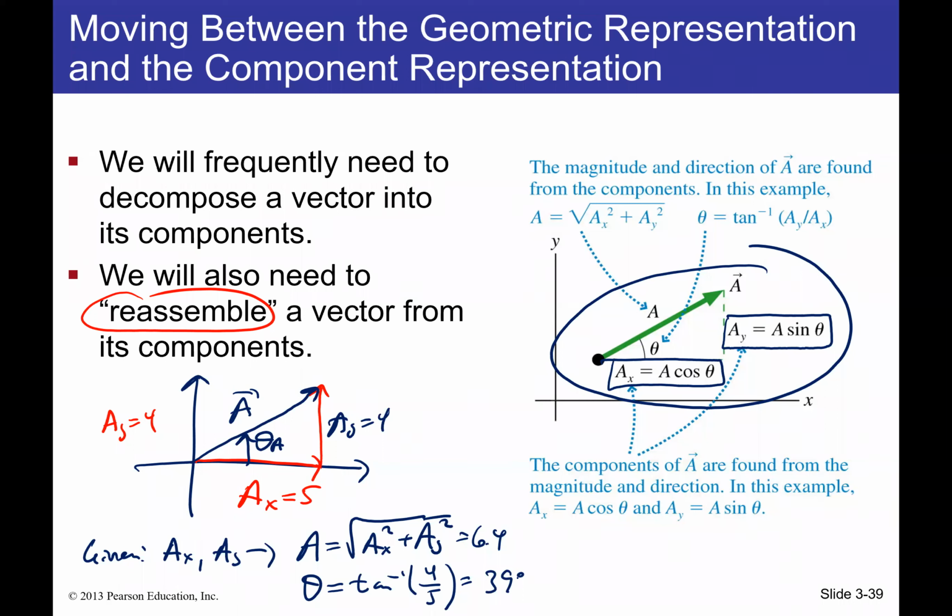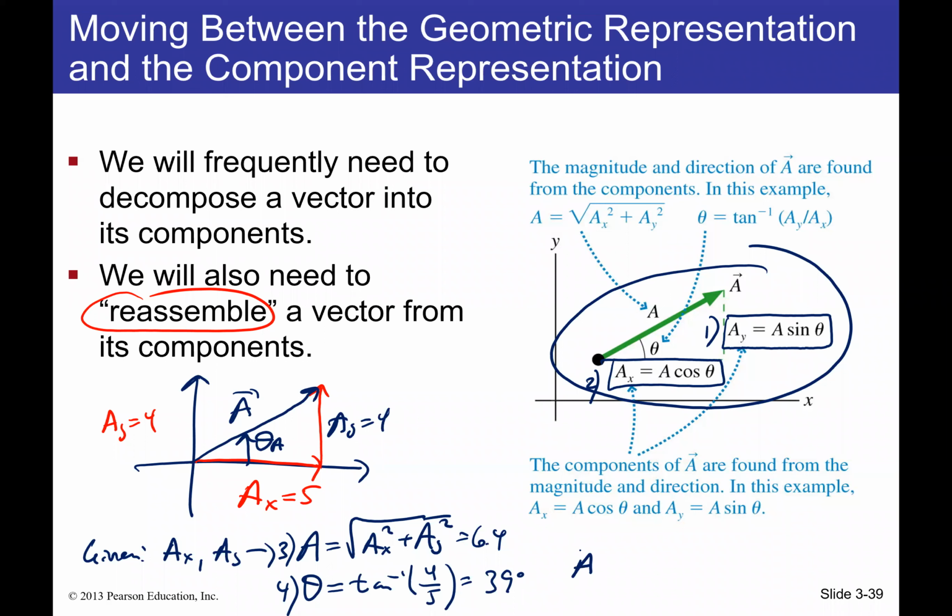That means you can reassemble the vector from its components by using equations 3 and 4. Remember equations 1 and 2 that I had a while ago: those allow you to find the components, and then 3 and 4 allow you to find the magnitude and direction of the parent vector.